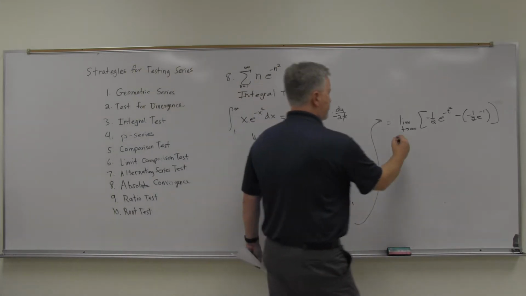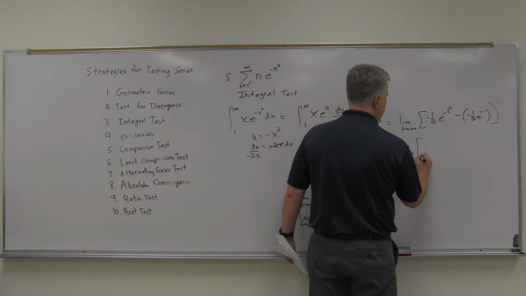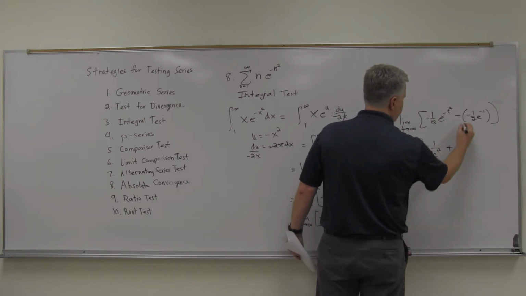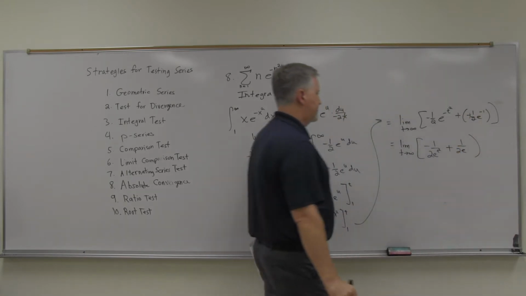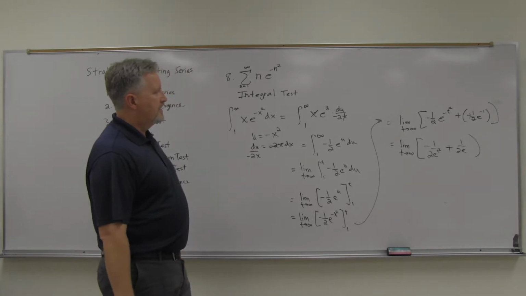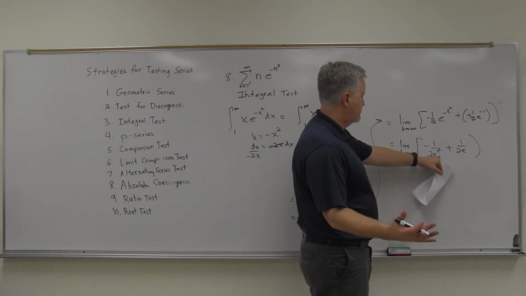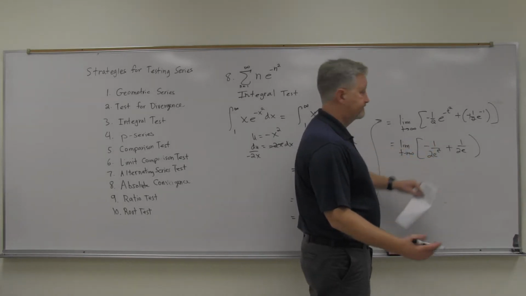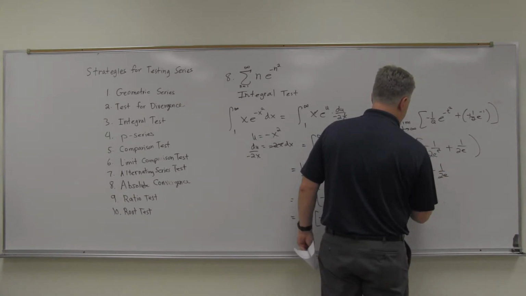I'd probably write that, to figure out the limit, as negative 1 over 2 e to the t squared plus 1 over 2e. A little easier to tell what's going on there. As t goes to infinity, you've got e to the infinity squared, that's infinity. So you've got negative 1 over infinity, that's 0. So the integral is 1 over 2e.